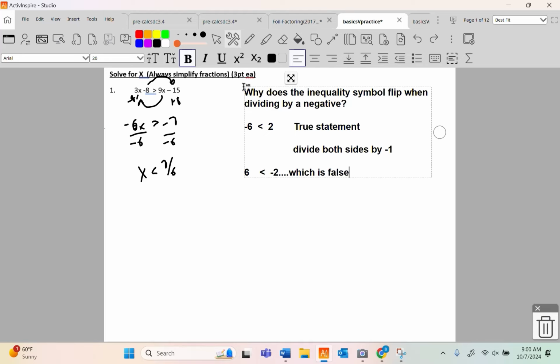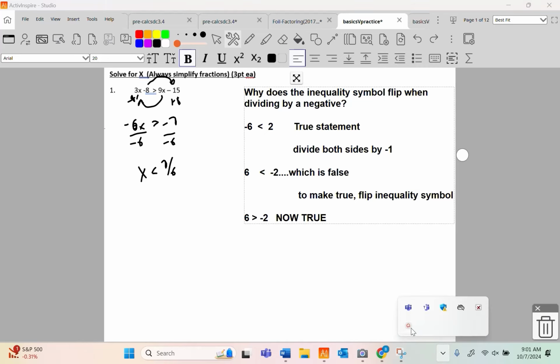So to make this true, we flip the inequality. So 6 greater than negative 2, which is now true. We flip the symbols not because somebody told us to do it, but because that's what keeps it true. Anyways, there's the last of the basics practice sheet.